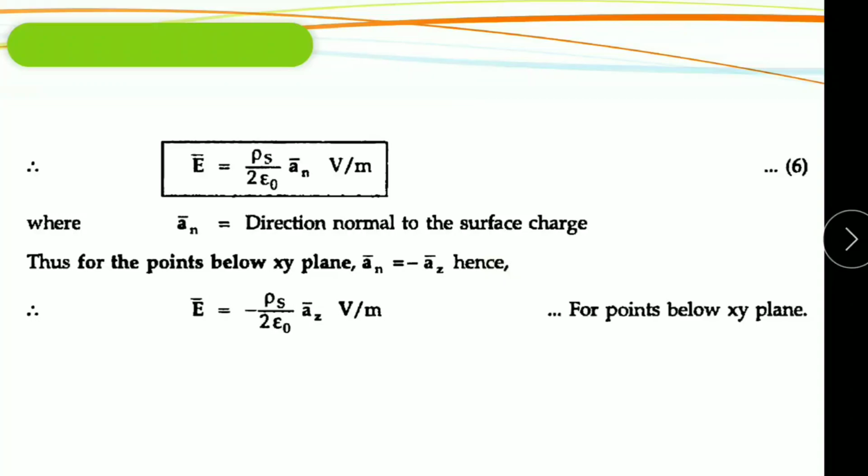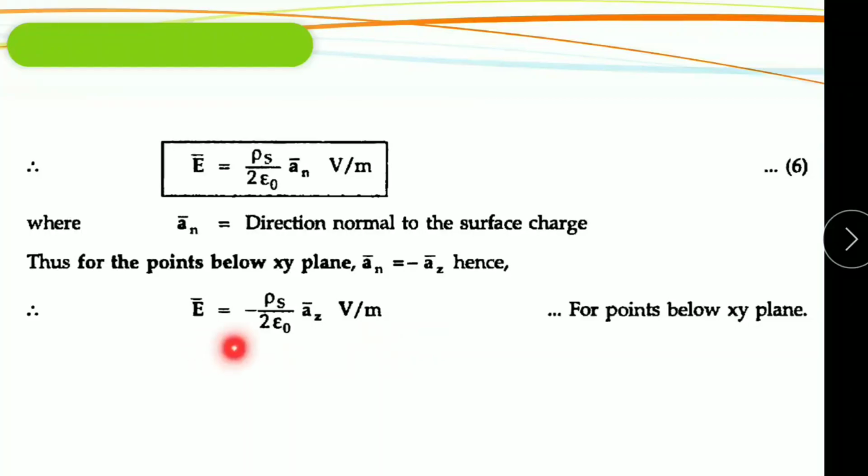Thus for points above the xy plane we take az bar. If the point is below the xy plane, that is on the negative z axis, the component is taken as minus az bar. Hence the electric field intensity is equal to minus rho s by 2 epsilon naught az bar.